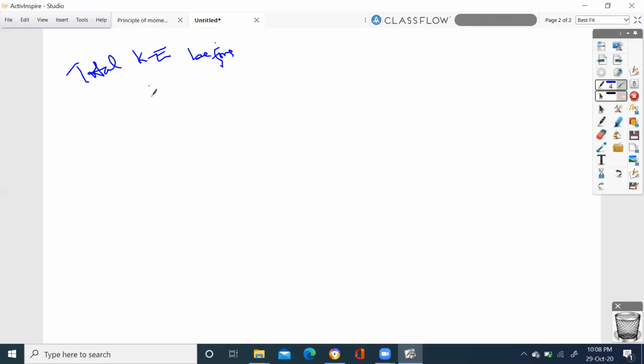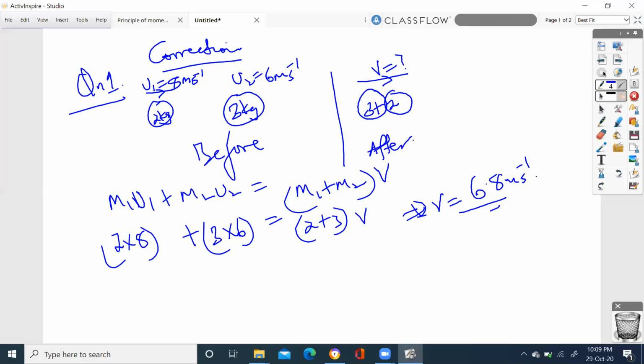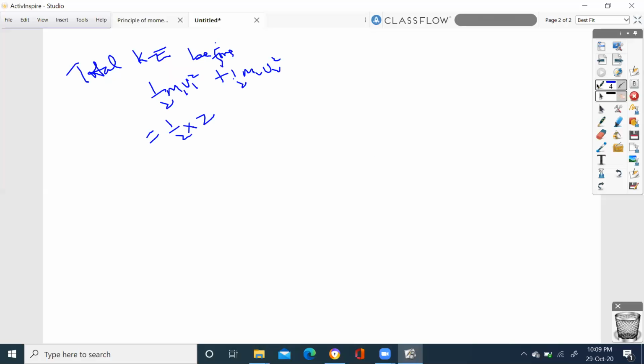Before, we shall have a half m1 u1 squared plus a half m2 u2 squared, which is the same as a half times 2, the mass is 2 kilograms, times 8 squared, plus a half times 3 times 6 squared.